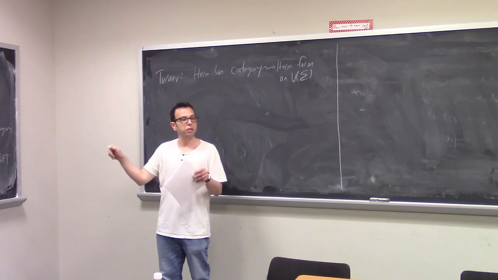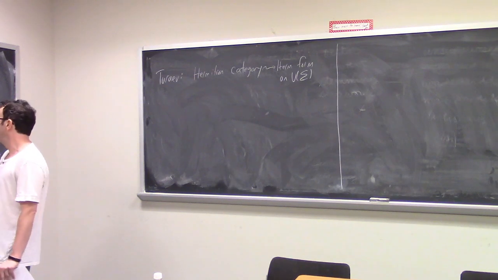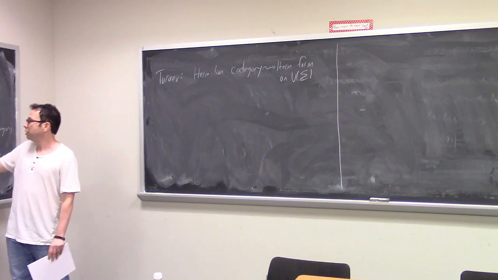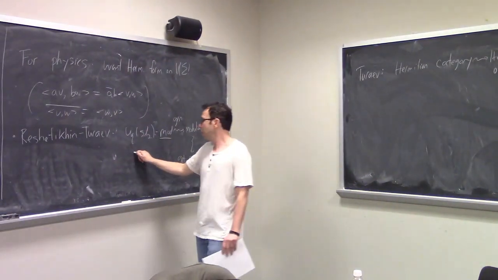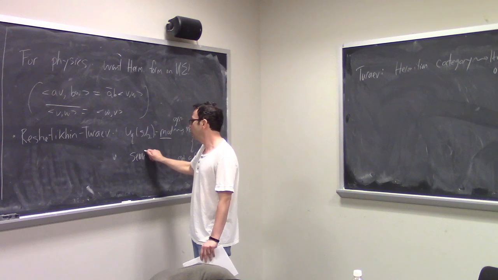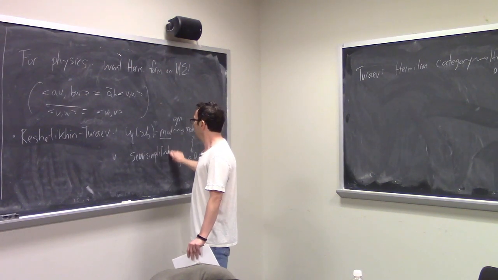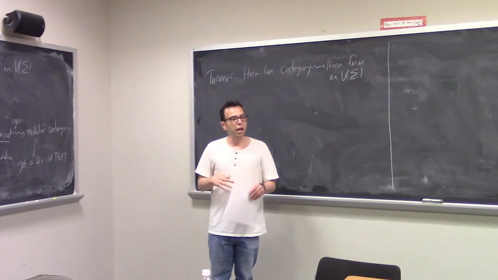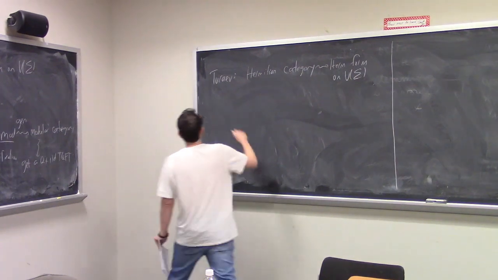You have some short exact sequences which don't split. And so what Reshetikhin and Turaev do in obtaining a modular tensor category is they do some sort of procedure on this category called semi-simplification or purification. So they take this very complicated category and they do some procedure on it to make it semi-simple.